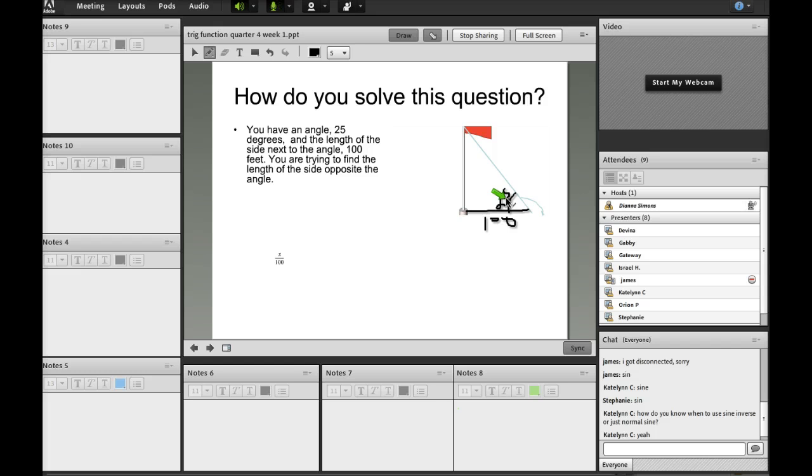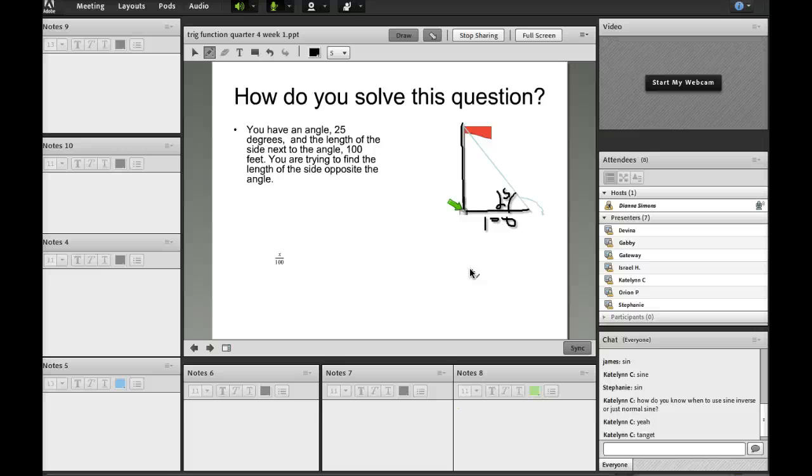Sine, cosine, or tangent? Because what we want to know is this right here. How tall is this flag? So are we going to use sine, cosine, or tangent? What do you think?